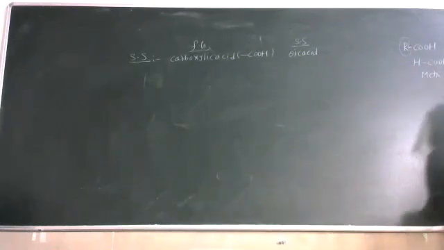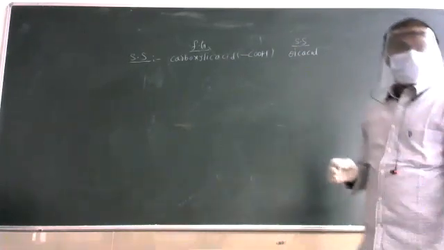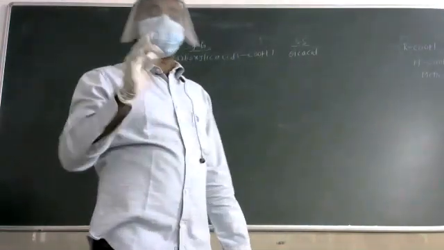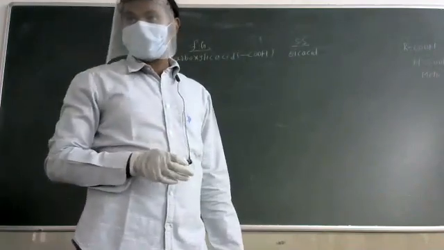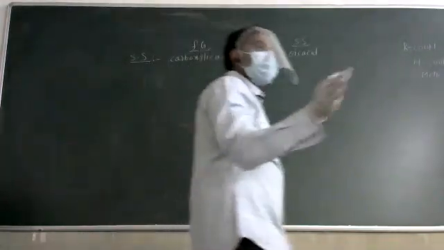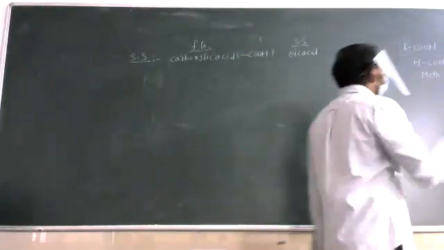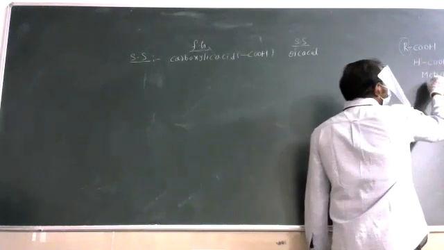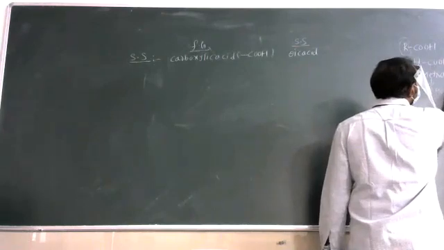Here, single bond only. Don't consider this double bond; the double bond belongs to the functional group. If the functional group has internal double bonds, these are not treated as a primary suffix. Except that, the remaining carbon-carbon bonds we consider. So here single bond only. Meth plus an, methane: meth is the root word, an the primary suffix.